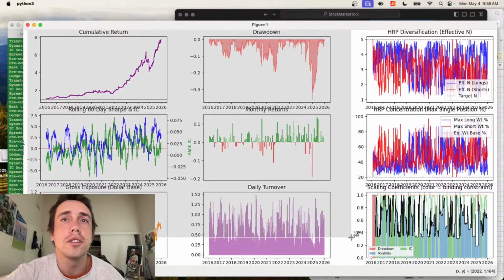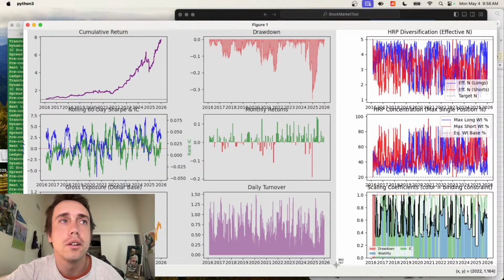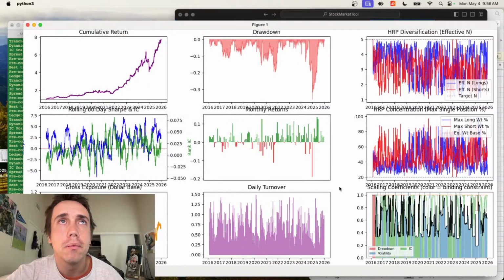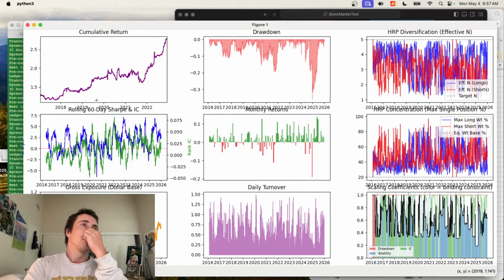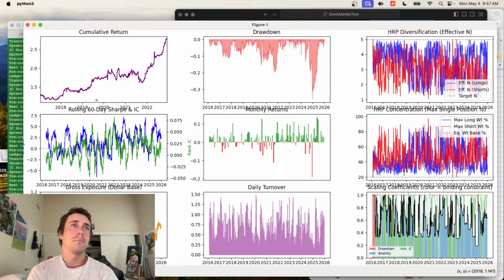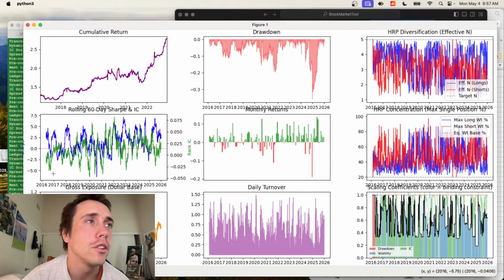But that might just be because the return on later years is so high. I don't know, that doesn't look bad, does it? So what if I look at the Sharpe and the information coefficient?